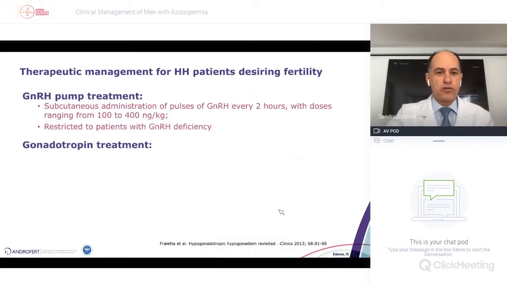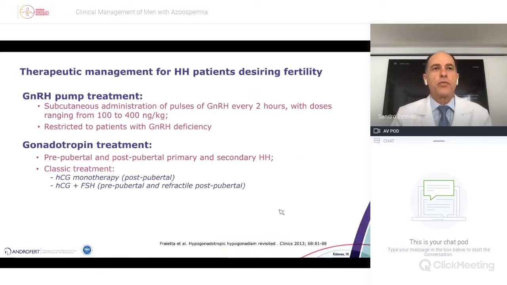In general, the best option for patients with hypo-hypo is actually gonadotropin treatment. With gonadotropin treatment, for instance HCG, which can be used as a monotherapy, or HCG plus FSH, we can treat both prepubertal and postpubertal hypogonadotropic hypogonadism.